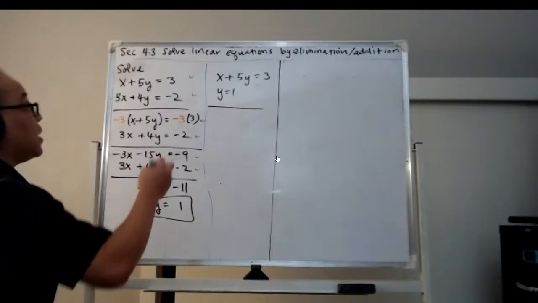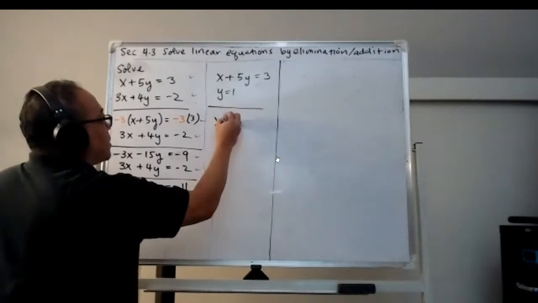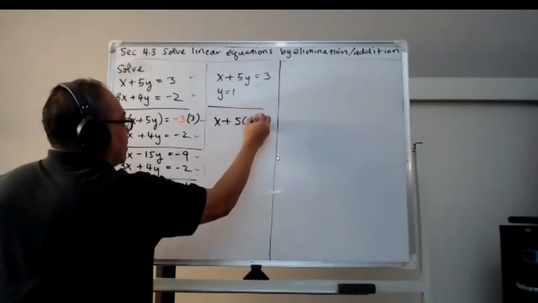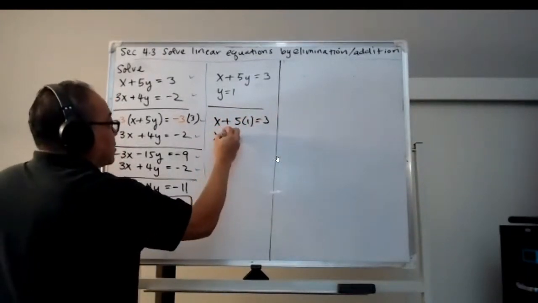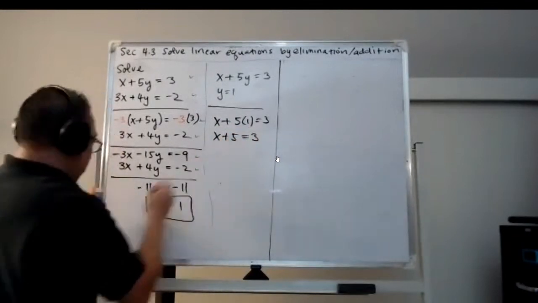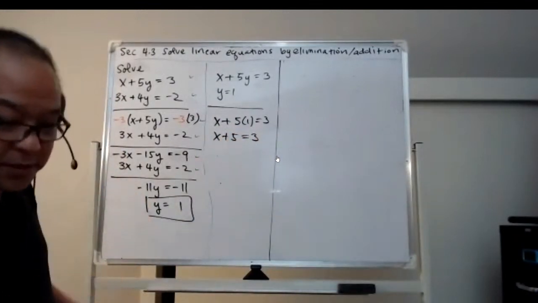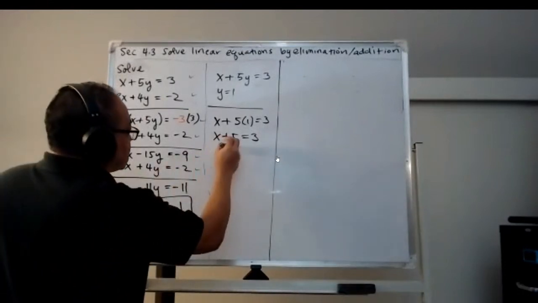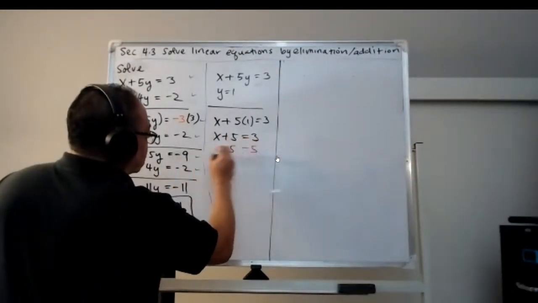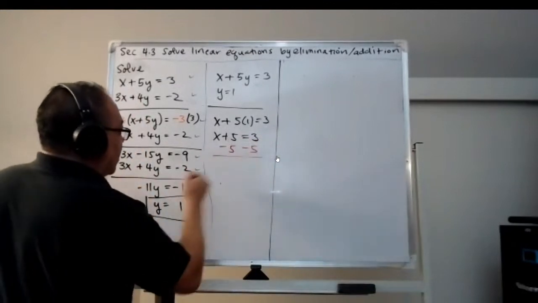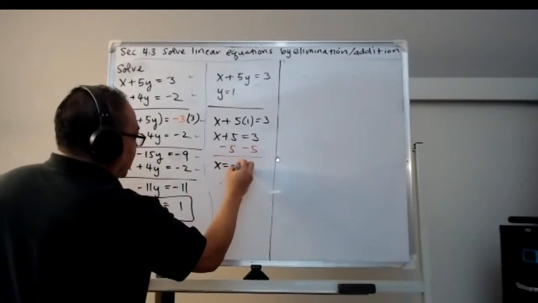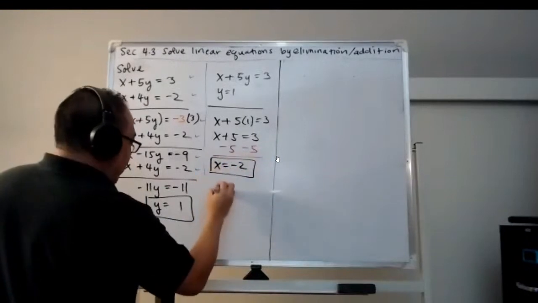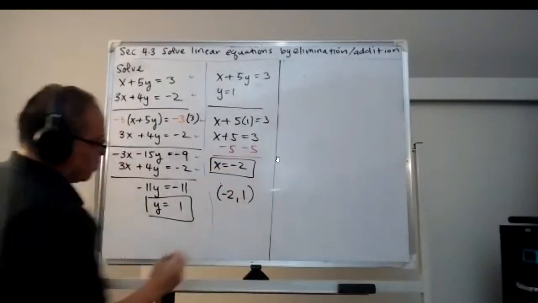So over here I'm getting x plus 5 times 1 is equal to 3. X plus 5 is equal to 3. And then when I subtract 5 from both sides, I'm getting x is equal to negative 2. And now I have negative 2 comma 1.